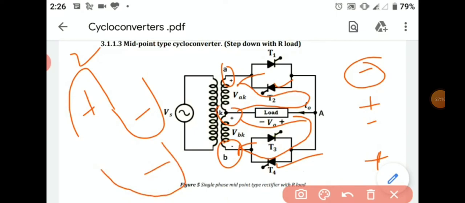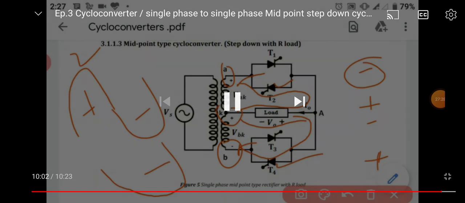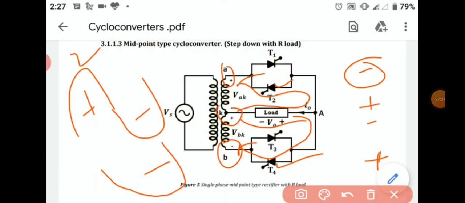So we have seen that during the two full cycles, in the first full cycle the current through the load flows in one direction, and during the next full cycle the current flows in the opposite direction, that is, in the negative direction. So we have converted two cycles into a single cycle. We have just stepped down, we have just reduced the input frequency.